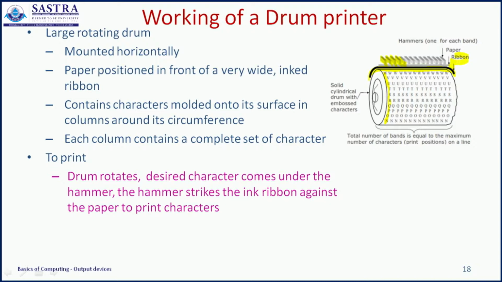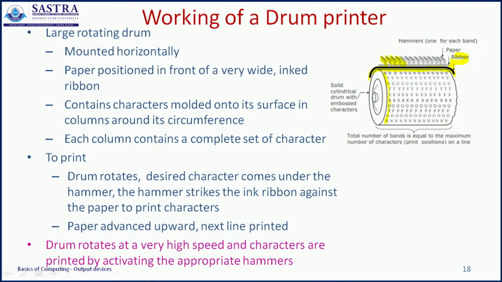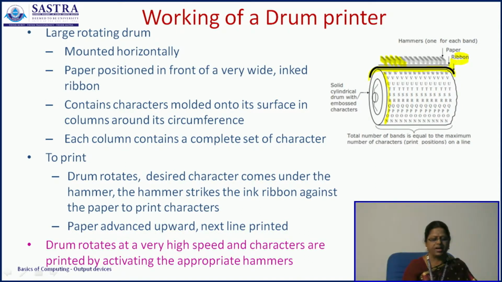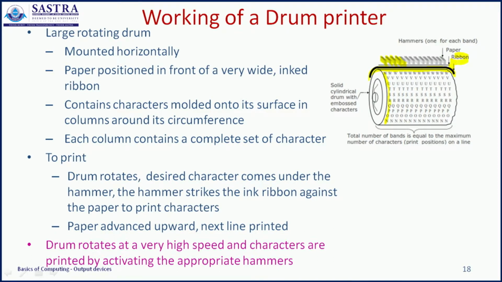The hammer strikes the ink ribbon against the paper to print the characters. This is how a drum printer works, and the paper is advanced upward and the next line is printed. The drum rotates at a very high speed and characters are printed by activating the appropriate hammers.